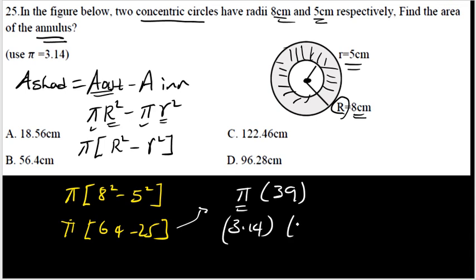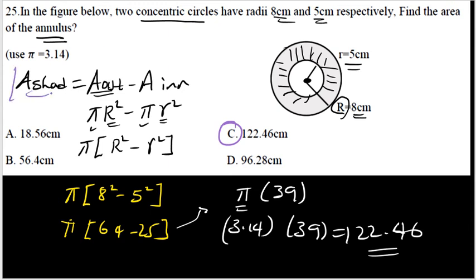When you multiply with 39, the result will be 122.46, which is found at C. So this time you need to be clear what I applied here. The area of the shaded region, or we can say the area of the annulus. The annulus means the region between the two circles. It is equal to the outer circle minus the inner one. This is the main formula.